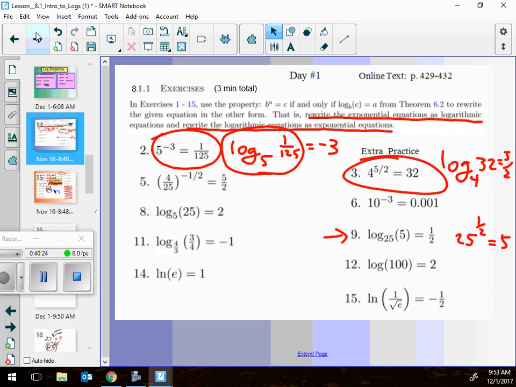Oh, one last thing. ln. That's log base, do you remember? Log base E. Awesome. Anytime you see ln, I encourage you to write log base E. In case you've forgotten, E is about 2.718.